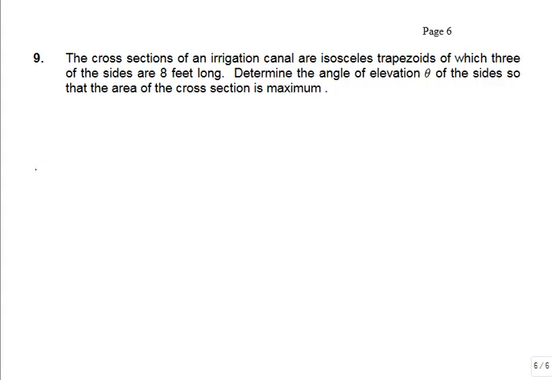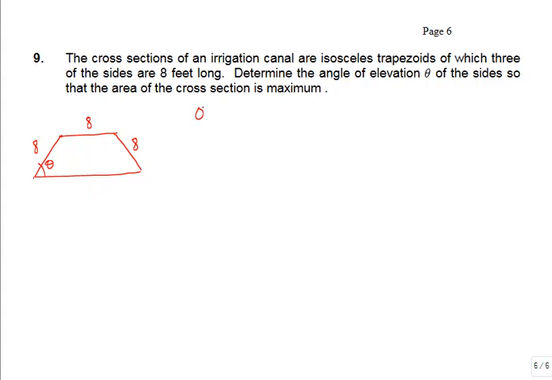So let's draw that. Here's what a trapezoid looks like, and to be isosceles, these have to match, and it tells me that 3 of the sides are all 8, so all 3 of those are 8. This longer side is obviously not going to be 8. And we want the angle of elevation theta so that the area of this cross-sectional shape, this trapezoid shape, is a maximum.